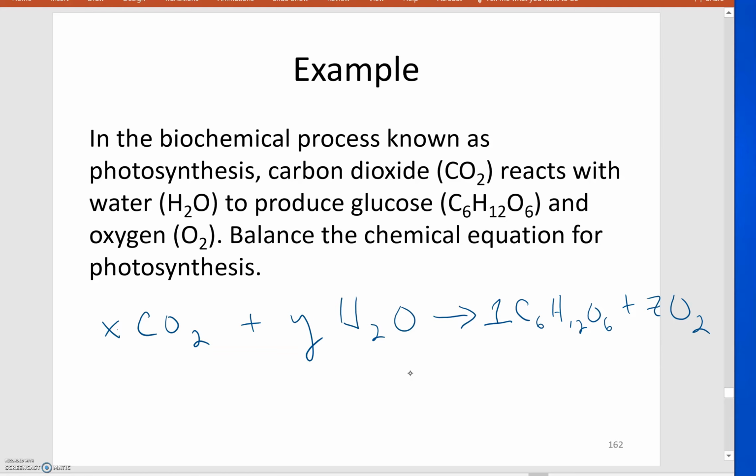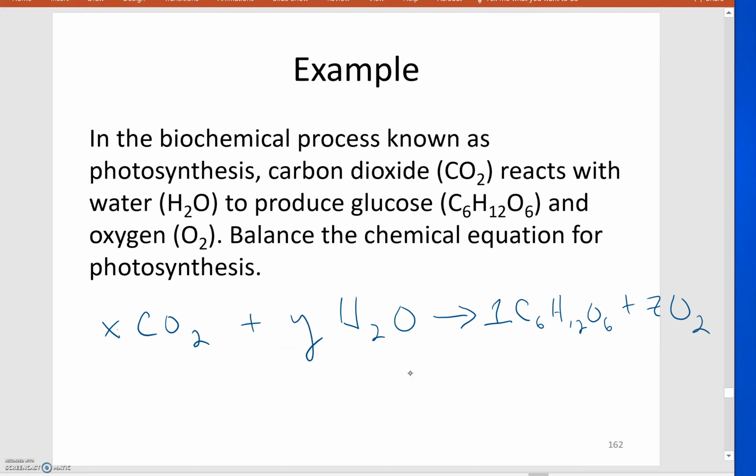So this is a little bit harder because we have 2 products and 2 reactants, and therefore I do need 3 variables. I don't want 4 variables. I want this to be my target, the thing that I'm trying to make 1 molecule of.